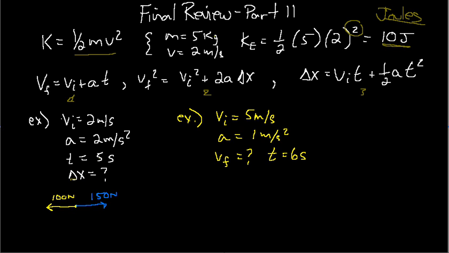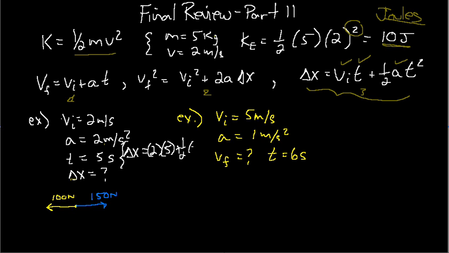Well, we look here. We've got time, acceleration, and vi. If you look at number 3, we've got time, we've got acceleration, and we've got vi. So we can use this equation to solve the very first problem. And so delta x would be equal to vi, which is 2, times the time, which we said was 5 seconds, plus the 1/2.